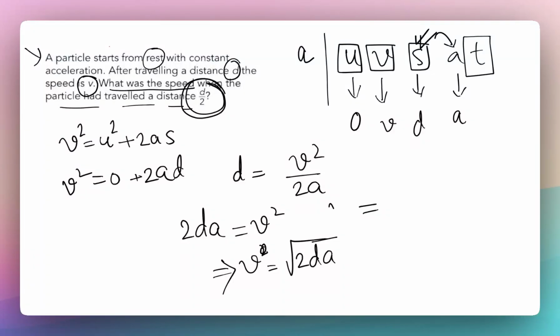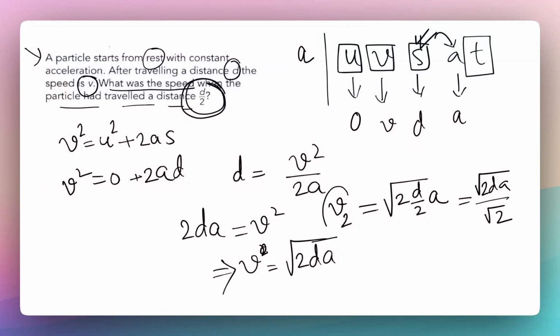We plug that in. The v in case number 2 is going to be root under 2 into d/2 into a. So everything remains the same. Basically, we get root under 2dA divided by root 2, which means my velocity when it has traveled a distance d/2 is going to be v by root 2.